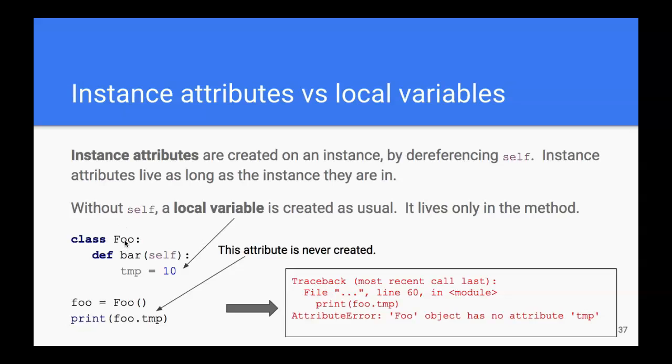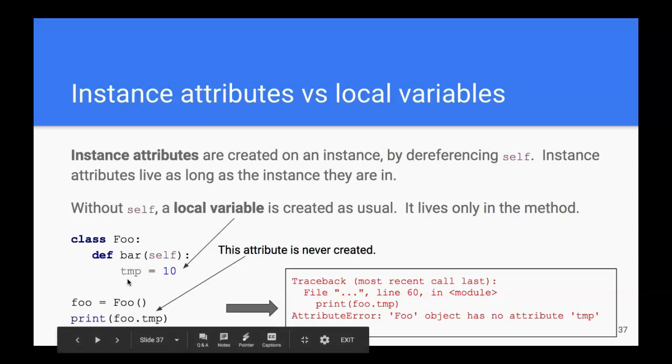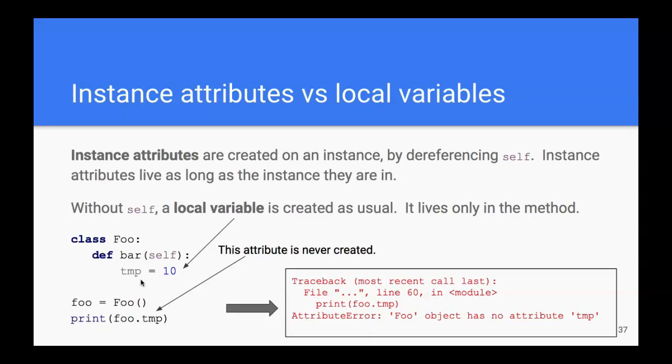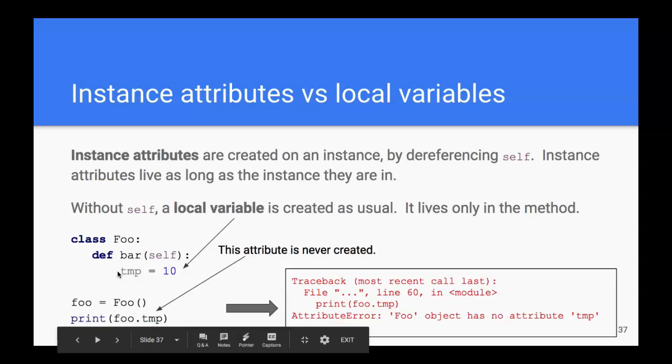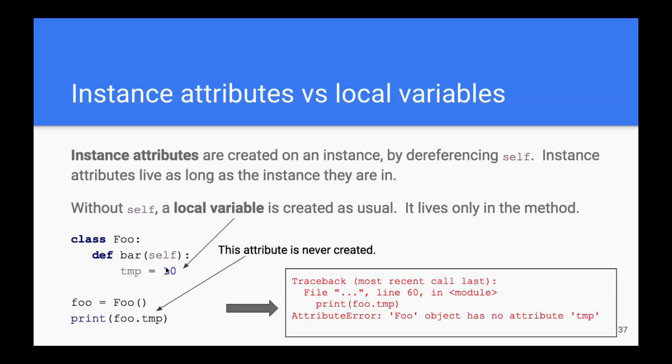Create a class called foo and define a method called bar, and you create a local variable without self dot in front of it. So what you created here is a local variable inside bar.